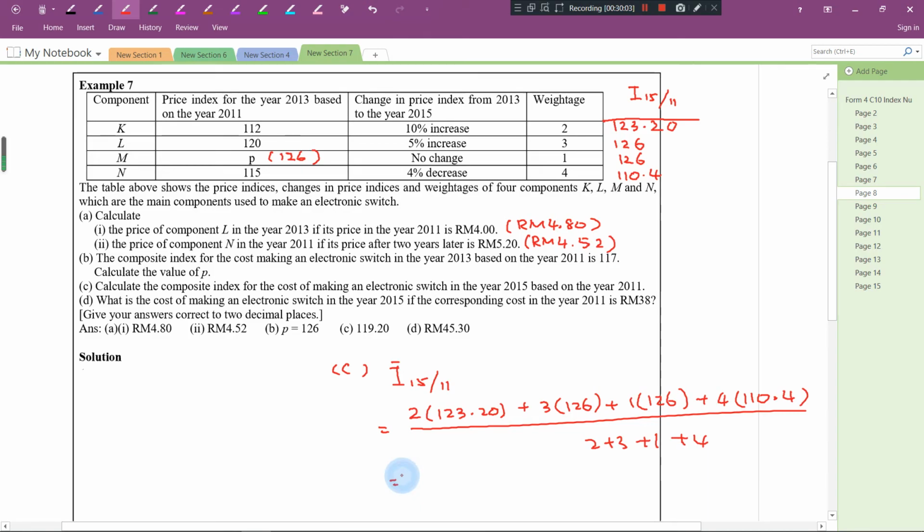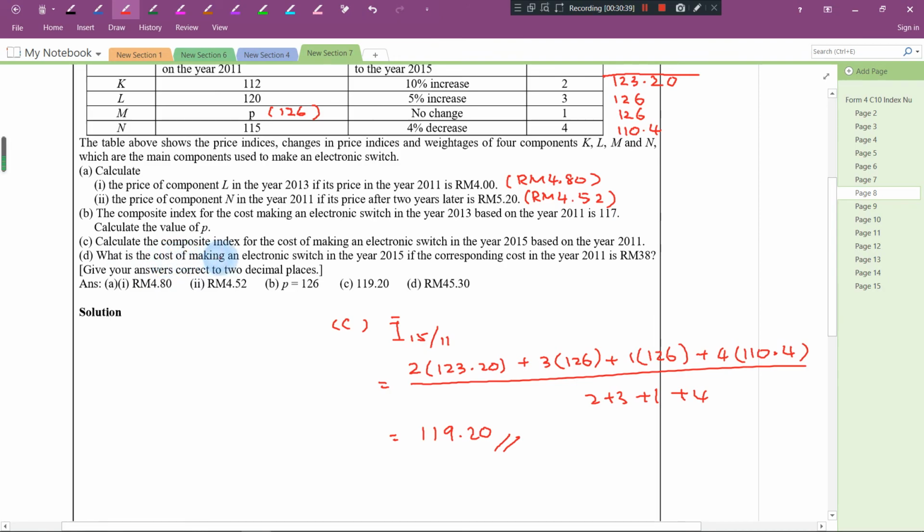This one you can just press your calculator. So the answer is 119.20. Correct, 119.20.